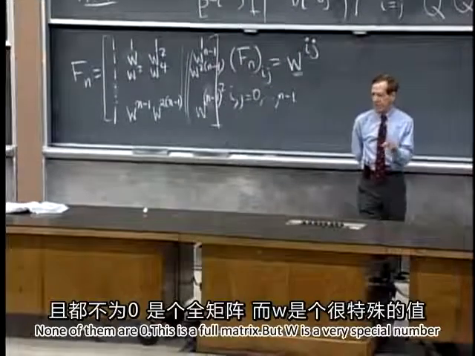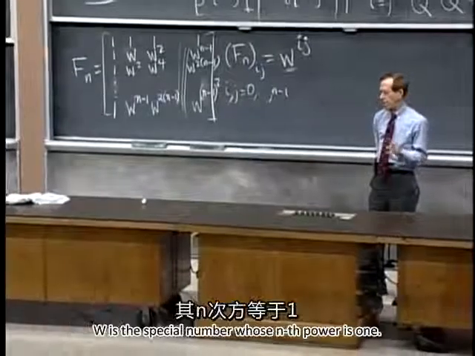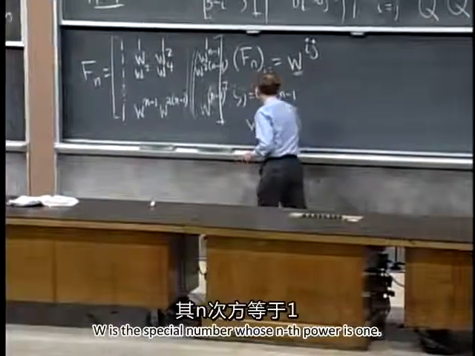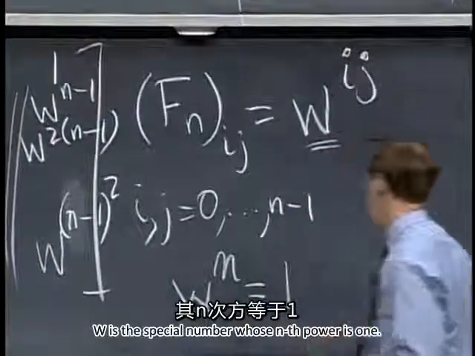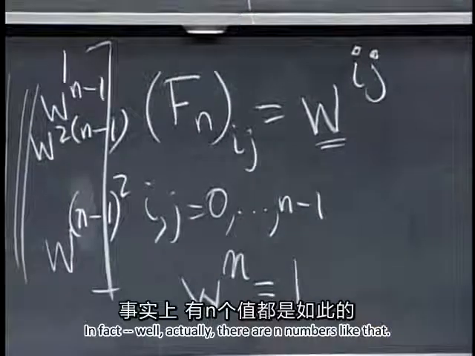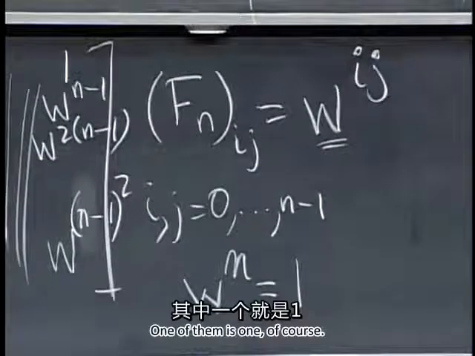But w is a very special number. w is the special number whose nth power is 1. In fact, there are n numbers like that. One of them is 1, of course.